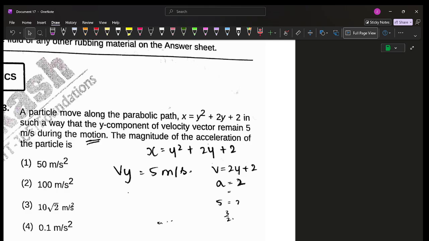And if I put ay to be 0, because they've told us the y component of the velocity vector is constant. Okay, if I do that, I'm not really understanding. Let me just ask ChatGPT. But I think integration and differentiation knowledge was a must here.